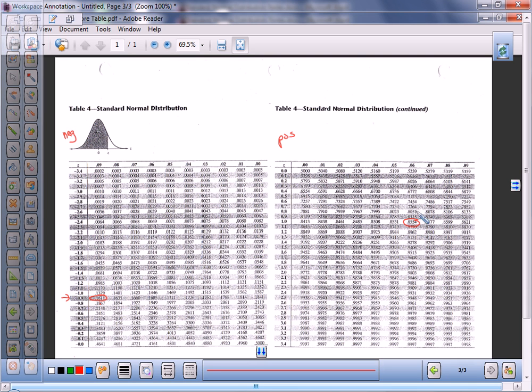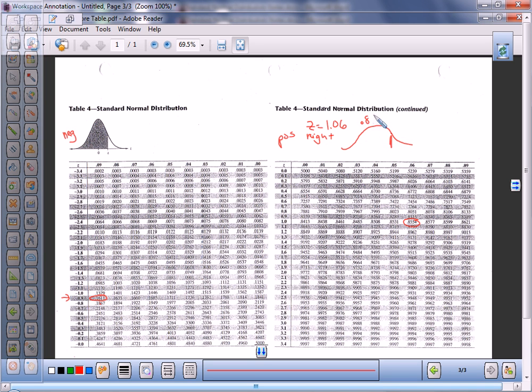So when we look at a z-score of 1.06 and we want the area to the right, if we think about our little curve, 1.06 would be somewhere over here. So 0.8554 is going to represent this area.